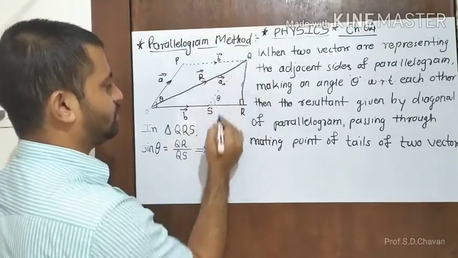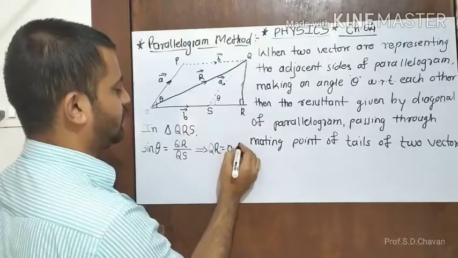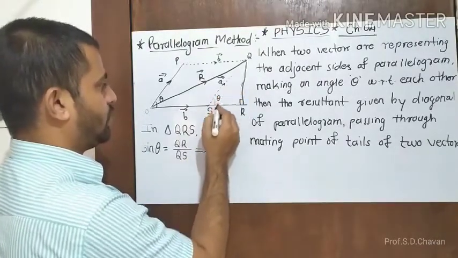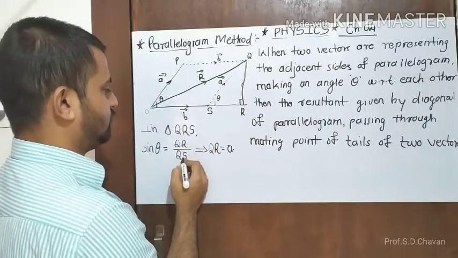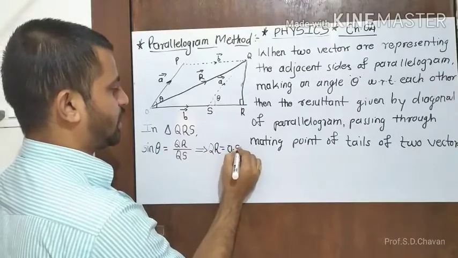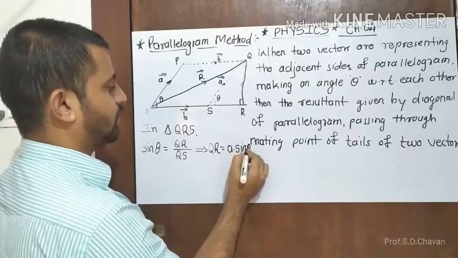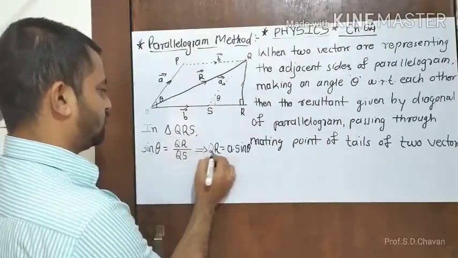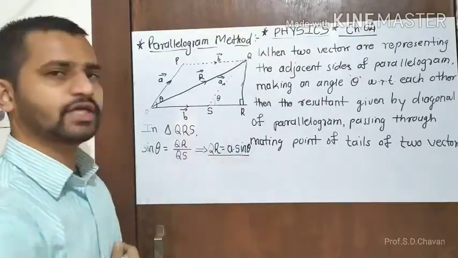QS is nothing but the vector A. So QS is given as A, and QR is equal to A sine of theta.